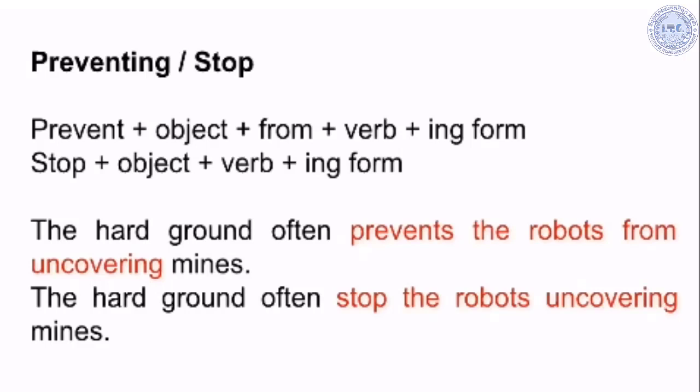So you see, prevent plus object, the robot, and then plus from, and then the verb uncover. We have to add ing to become uncovering mines. Quite the same when you use: the hard ground often stops the robot uncovering mines. We don't use from anymore, because, as you see on the top, stop plus object plus verb plus ing form. We don't add from anymore.